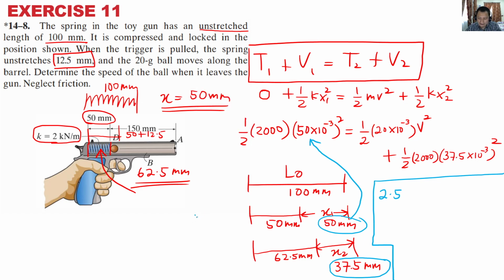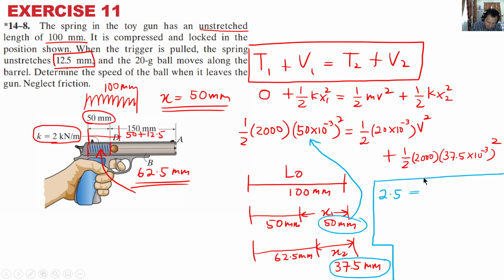Never mind. Okay, 2.5. Are we okay? Sama dengan, how about this one? 50 exponent negative 3 squared times 2000 bagi 2. Betul lah, 2.5.